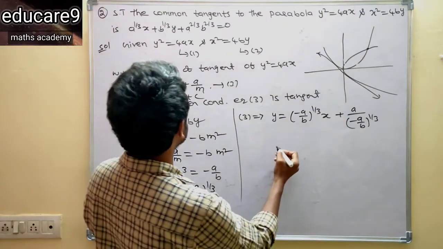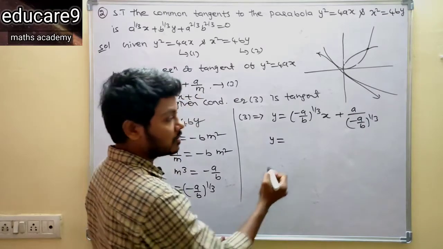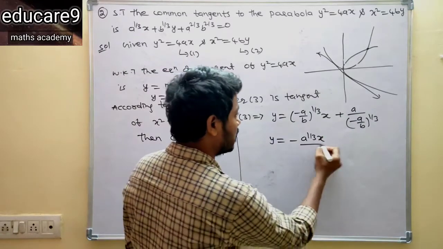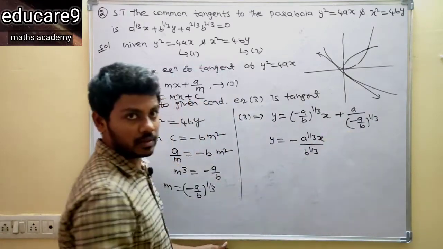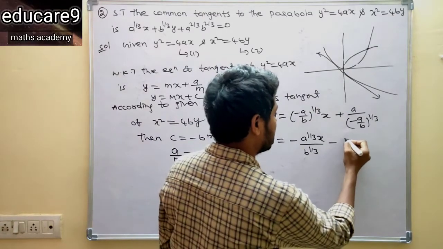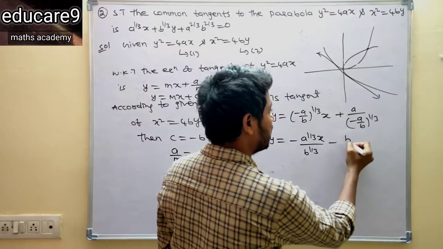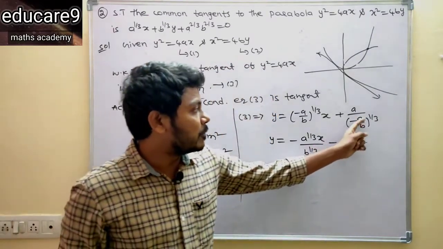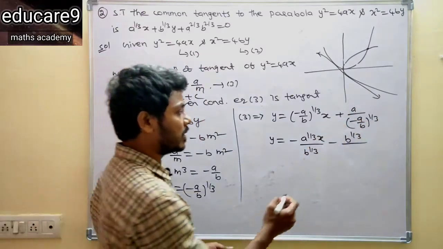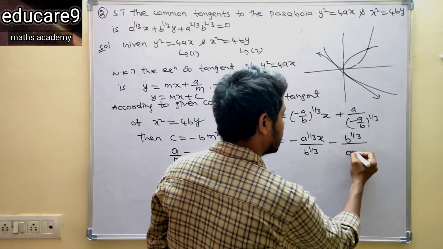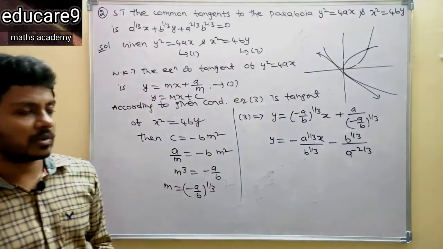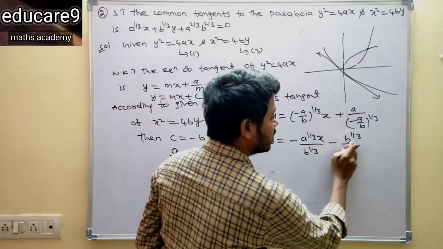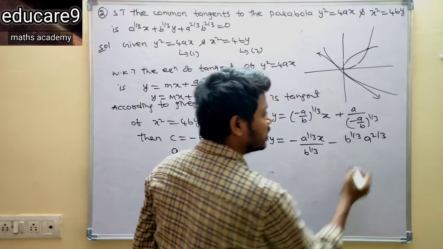Now this is y is equal to minus a power 1 by 3 x by b power 1 by 3, and this one minus b power 1 by 3. So divided by, see here a power 1 by 3 minus 1, that is a power minus 2 by 3. Okay. So here a power minus 2 by 3 goes to numerator, then it becomes a power 2 by 3.